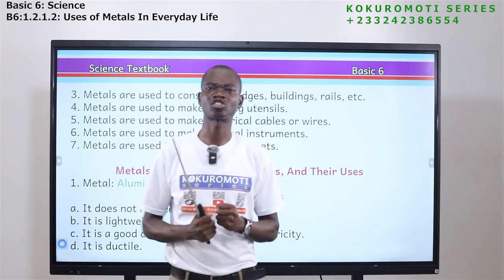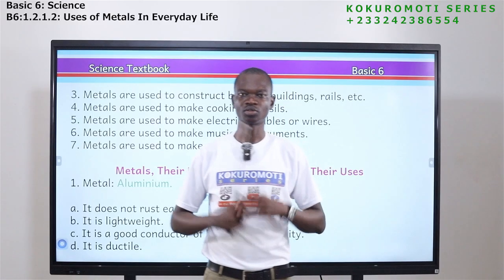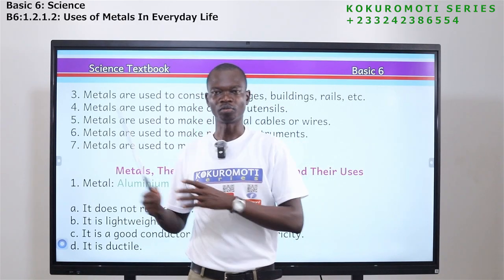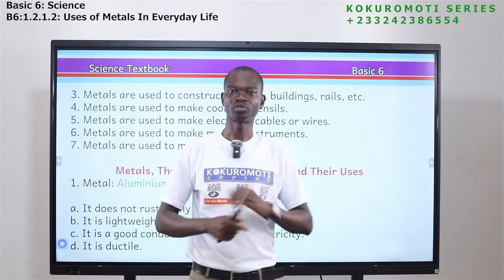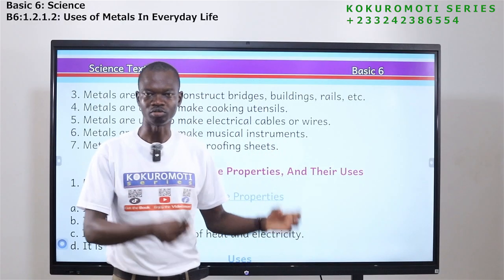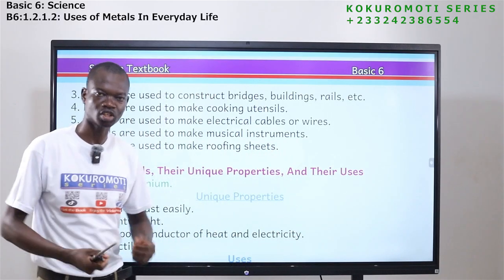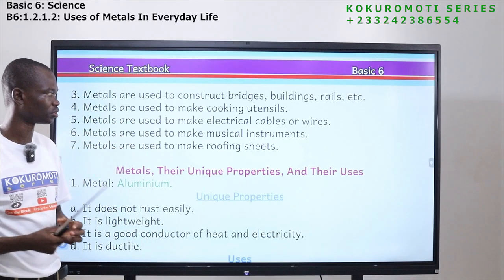Why? Because metals are strong and hard. So if you use metals, heavy cars will ply that road, and the bridge will not break, it will not collapse. It will be there because metals are used. And metals are used because metals are strong, they are hard, and they are heavy as well.